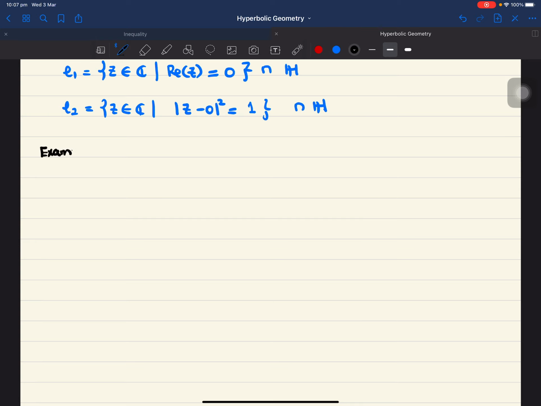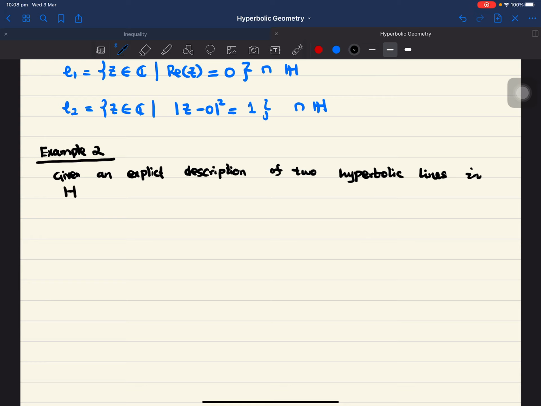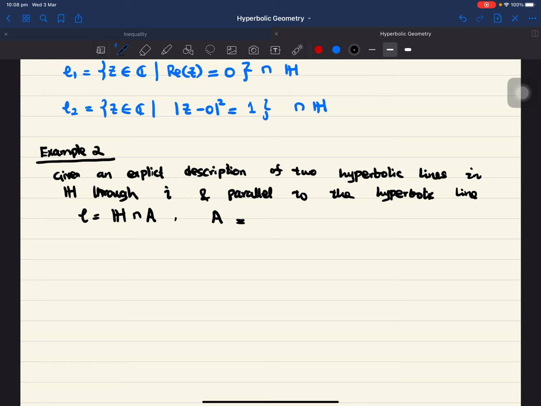Example 2: give an explicit description of two hyperbolic lines in the hyperbolic plane H through i and parallel to the hyperbolic line L, such that L is equal to H intersecting A, where A is the set of z in the plane such that |z + 2|^2 is equal to 1.